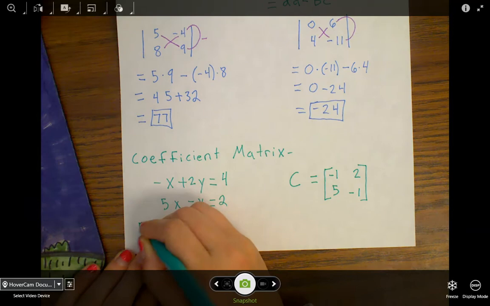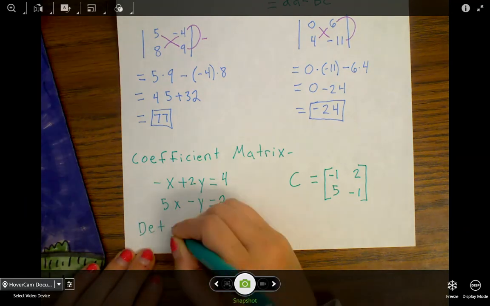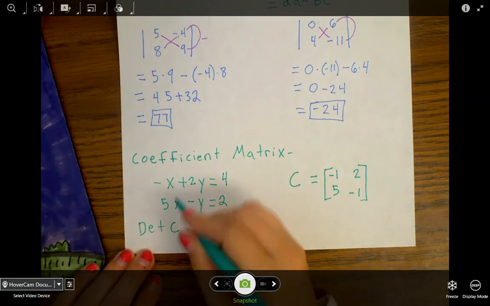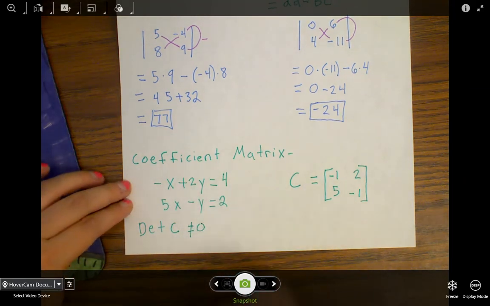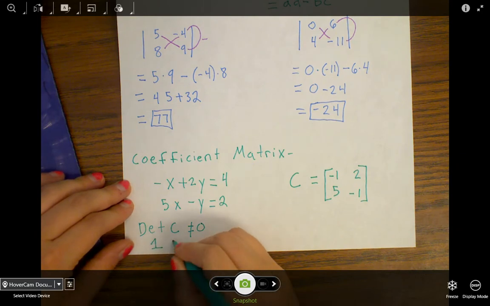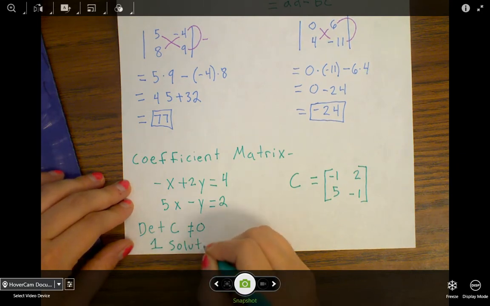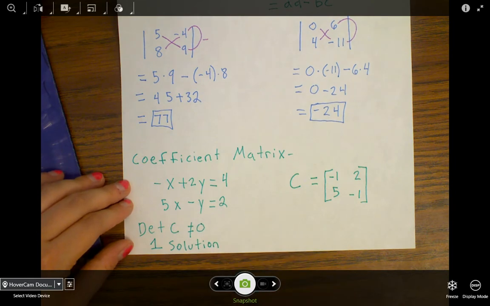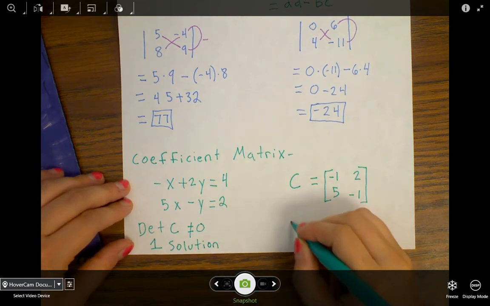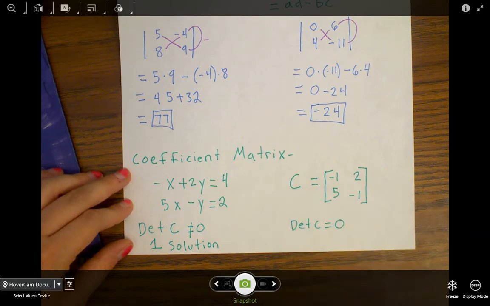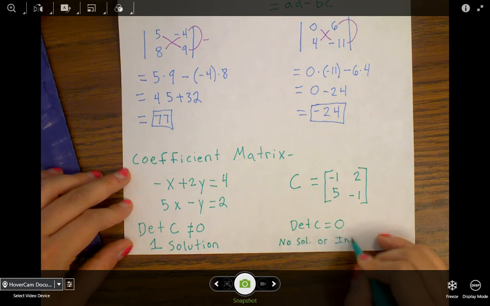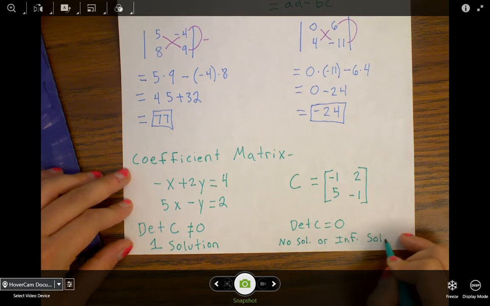So if my determinant of C, so remember DET stands for determinant, if I can find that determinant and it does not equal 0, I'm going to have one solution for my matrix equation. If I find the determinant of C and it does equal 0, there's actually going to be no solution, or it could possibly be infinite solutions.